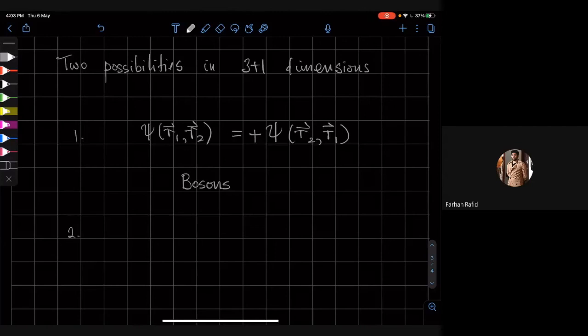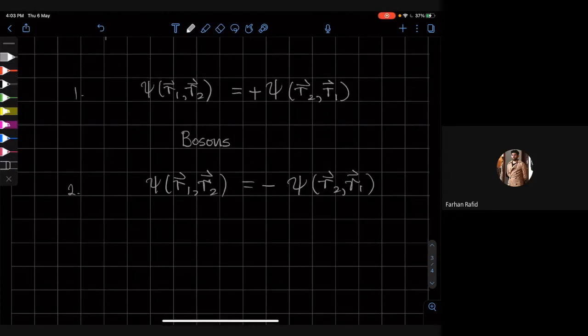And the other way is that the particles have a minus sign.